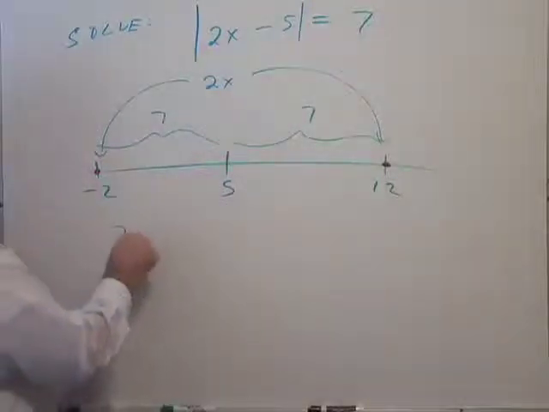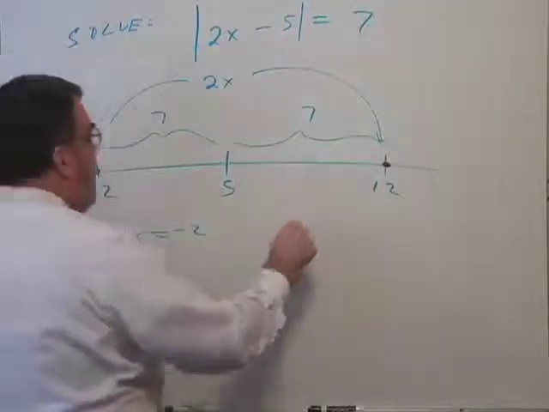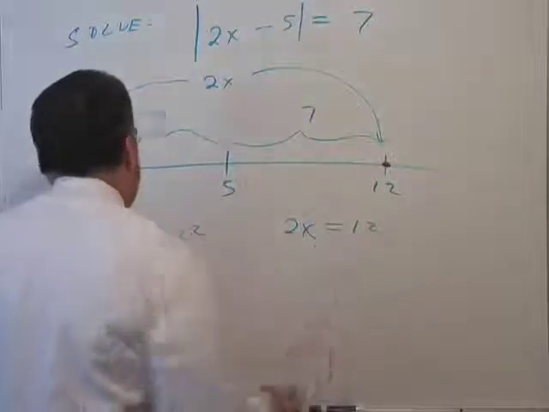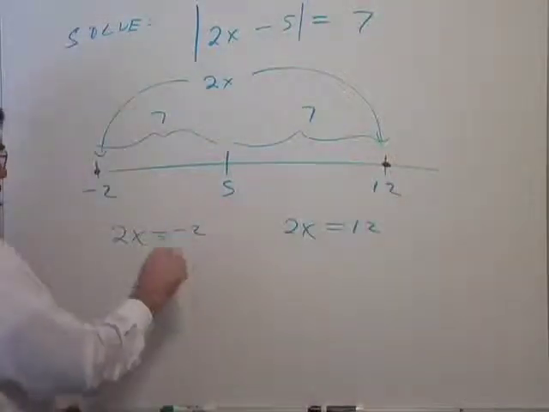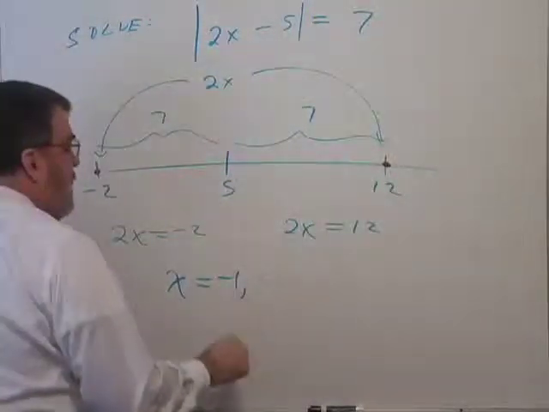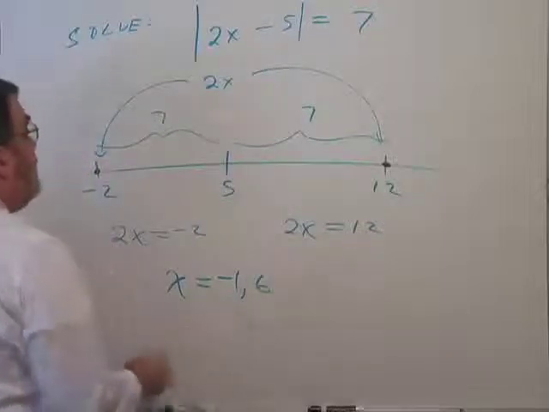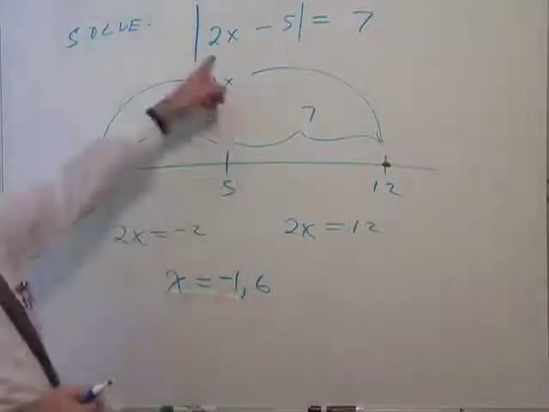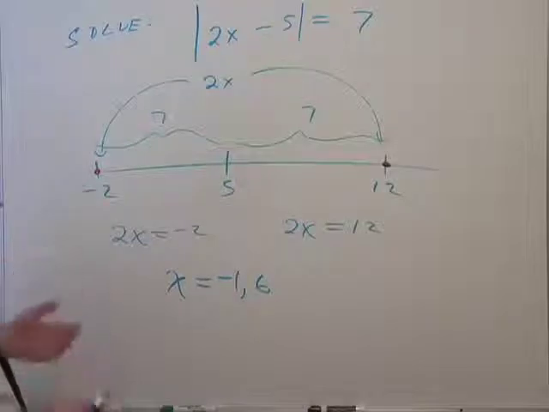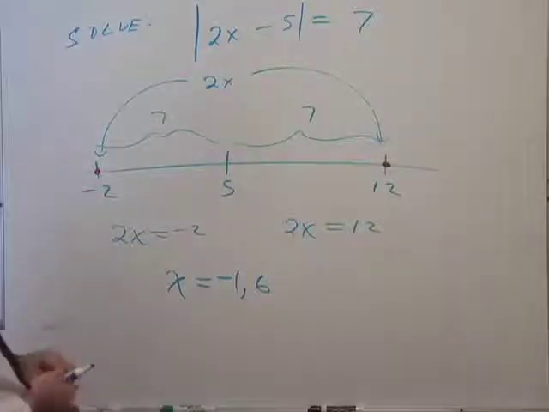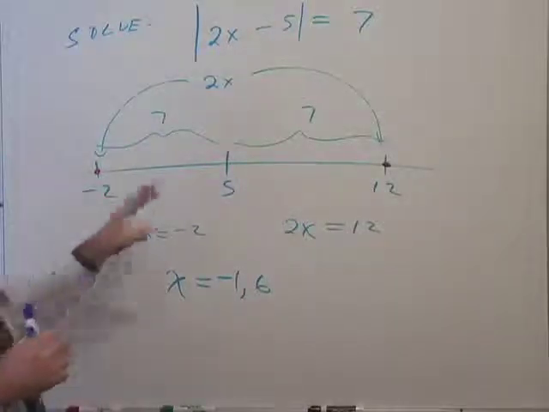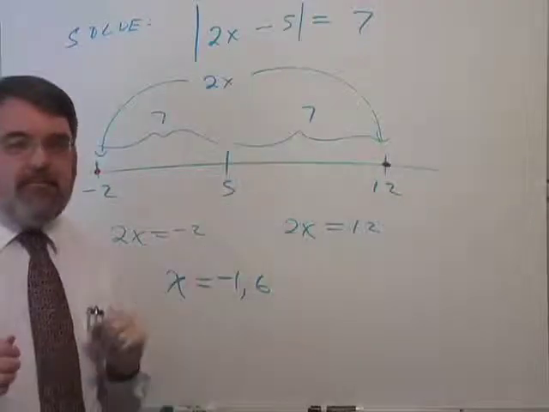So we have 2x equals negative 2, and 2x equals 12. Then divide by 2: x would be negative 1 and also positive 6. You can plug those numbers in, and it would be pretty easy to verify that this works. Now, to me this is a little more complicated than I would prefer.